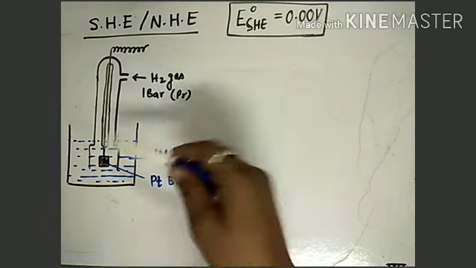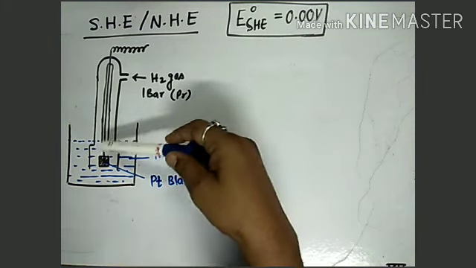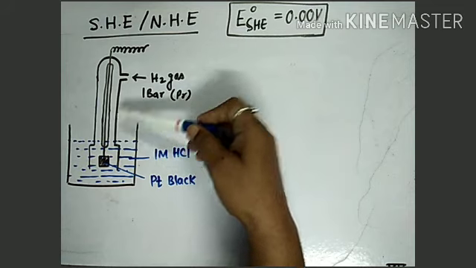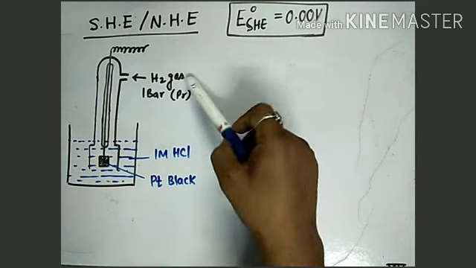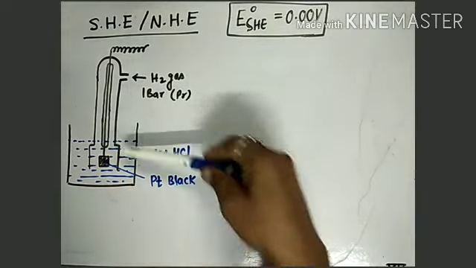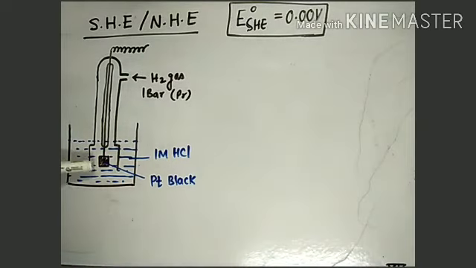And this is the glass tube or chamber where the hydrogen gas is passing at 1 bar pressure. And inside we have the platinum black. Actually, this is a platinum plate which has been treated with concentrated HCl, that's why it has turned into platinum black.